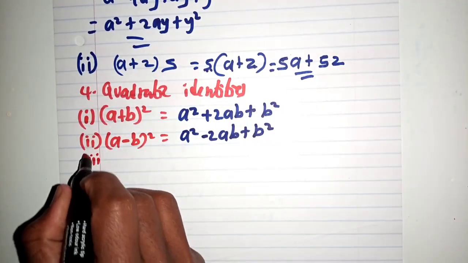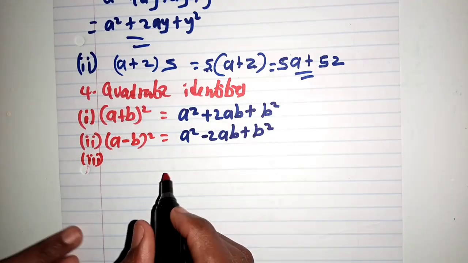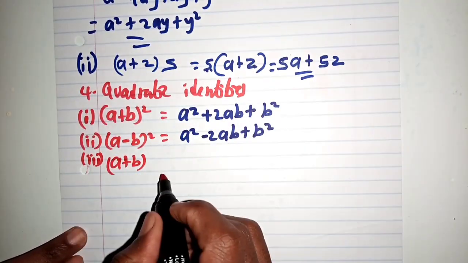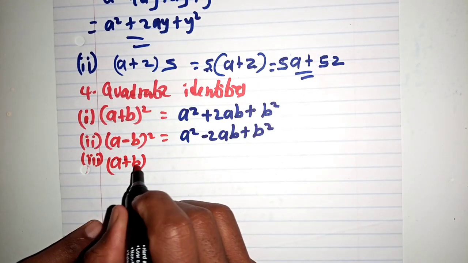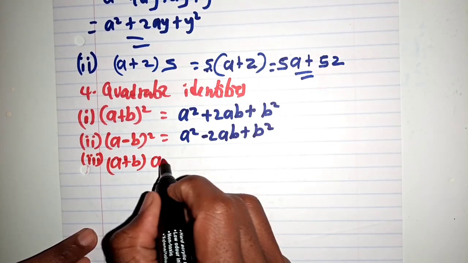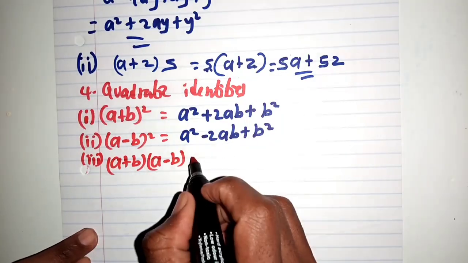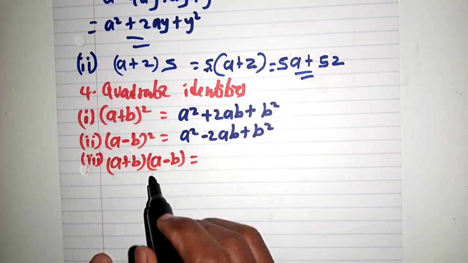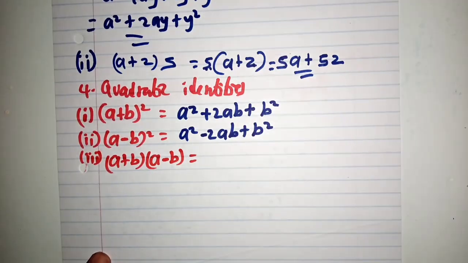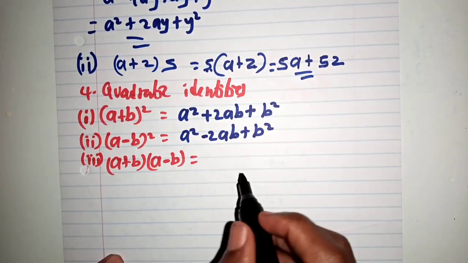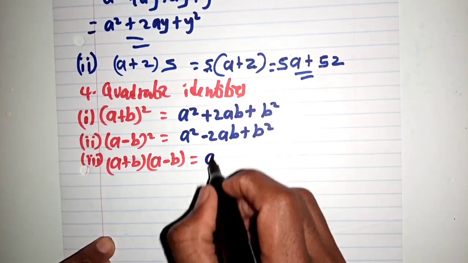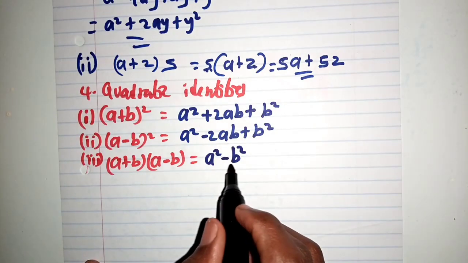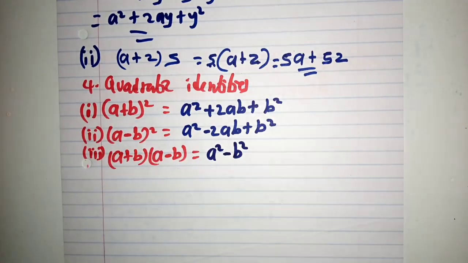Then we have Roman 3, which in this case will be (a plus b), then you are told to multiply this one by (a minus b). What do you normally get when you perform this one? Whenever you are given such, your answer is always a squared minus b squared. This is a difference of two squares.